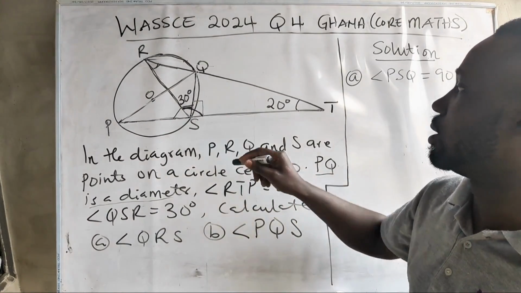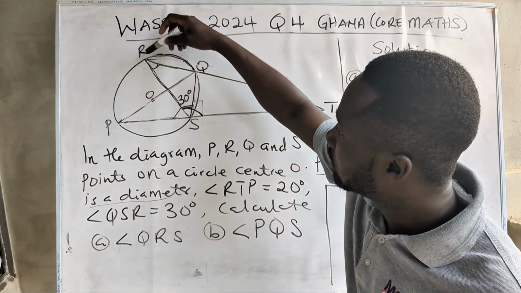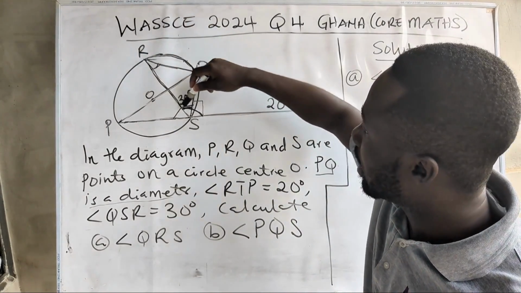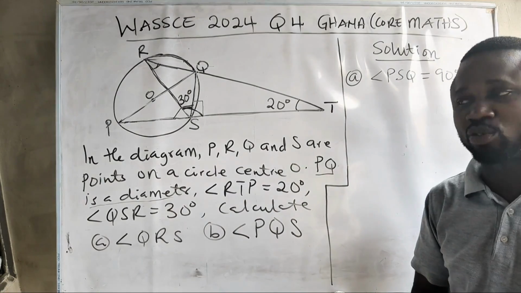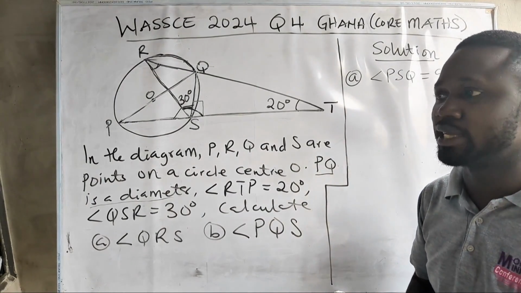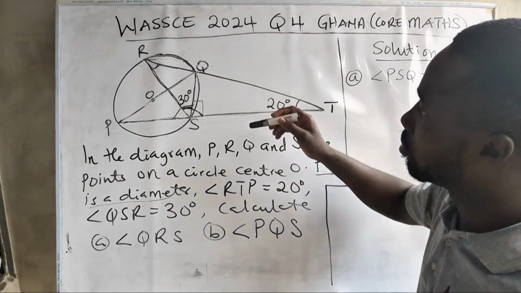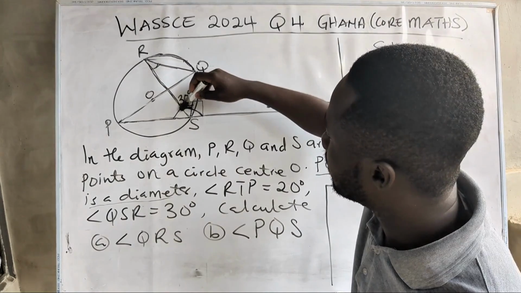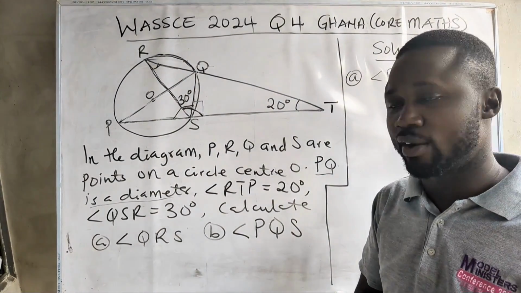Then I get the 120, and here is 20. So when I add the angle at R plus this particular angle plus the angle 20, it will give me 180 degrees. That is the sum of the interior angles of a triangle.